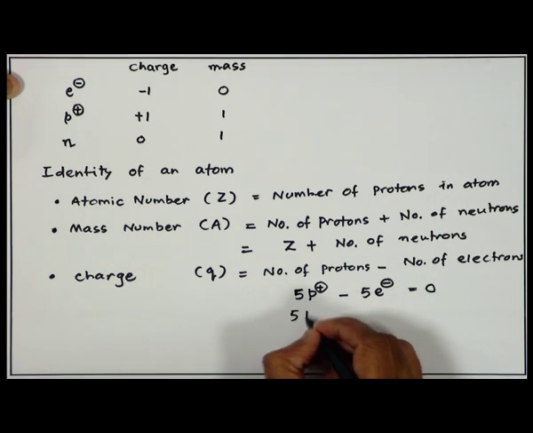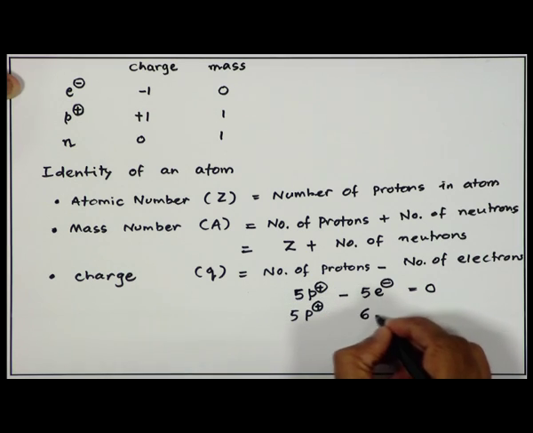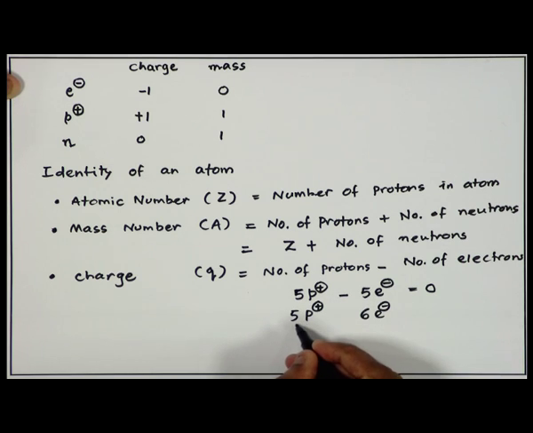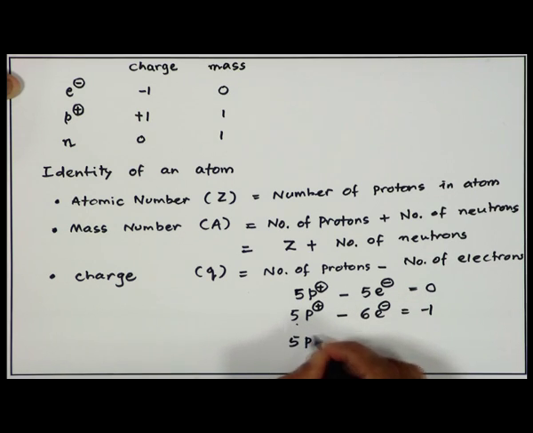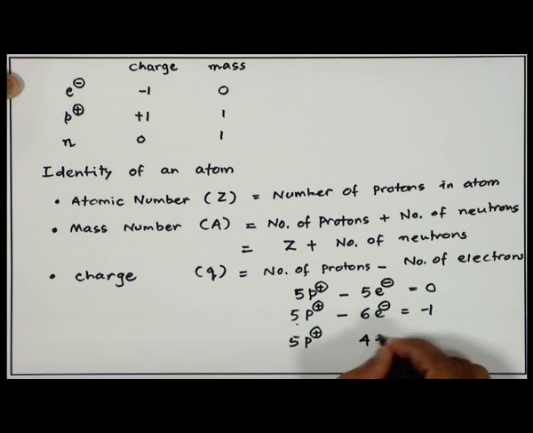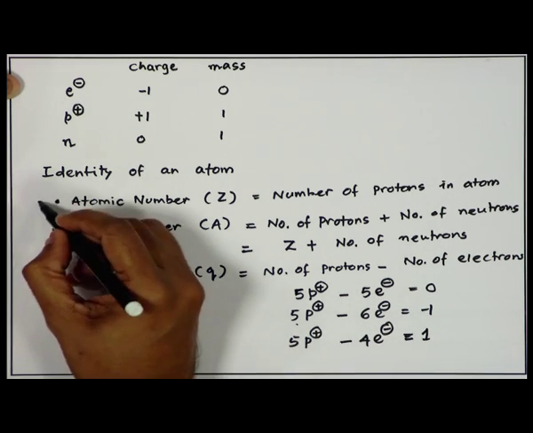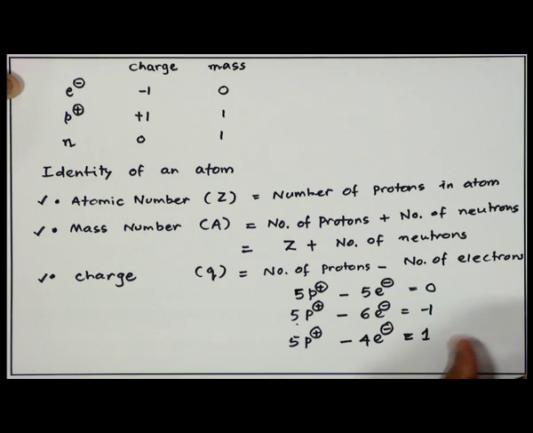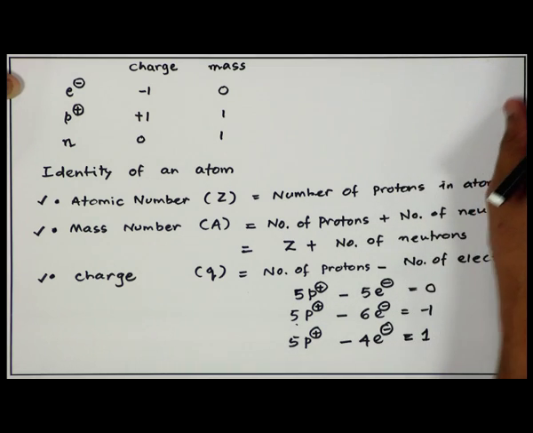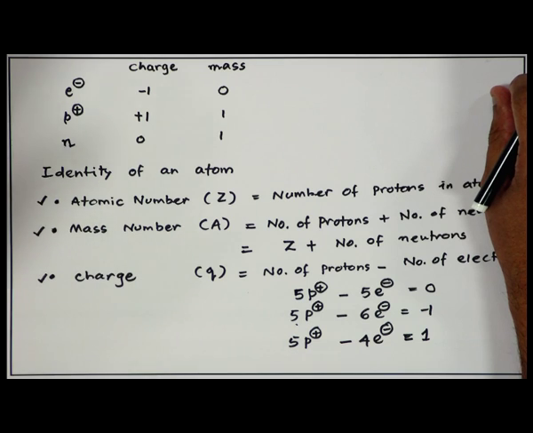If I had 5 protons and 6 electrons, so you know that this is 5 plus and this is 6 minus, total charge is minus 1. Similarly, if I had 5 protons and only 4 electrons, so plus 5 minus 4, that gives me plus 1. So, this way I can obtain atomic number, mass number and charge. These three quantities are sufficient to describe the identity of an atom. We will use these concepts and take some examples to clarify our knowledge further.